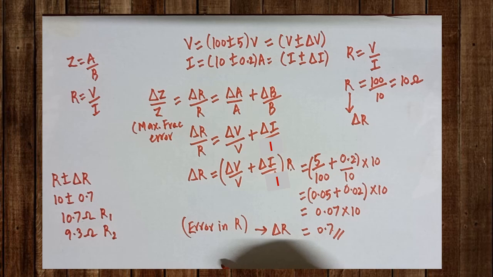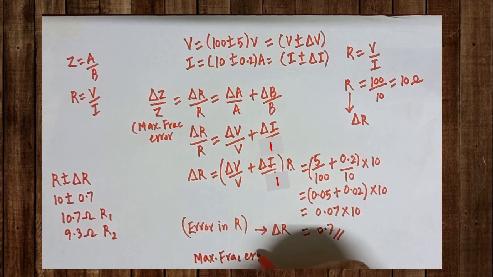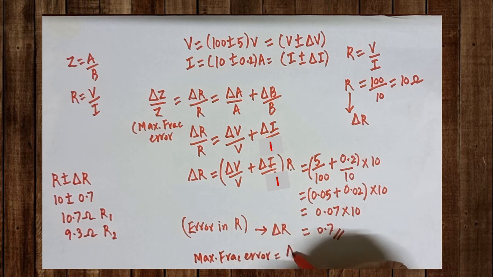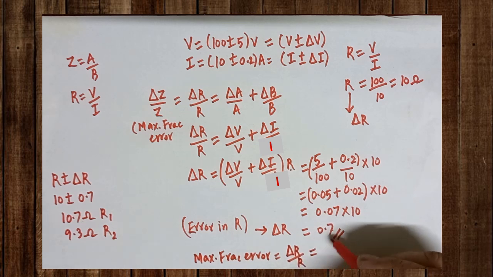Are you clear? Now finally we are going to get the maximum fractional error. Maximum fractional error can also be found out. What is the formula? Del R divided by R. Del R divided by R is equal to, del R value is known, 0.7, divided by R value, 10.